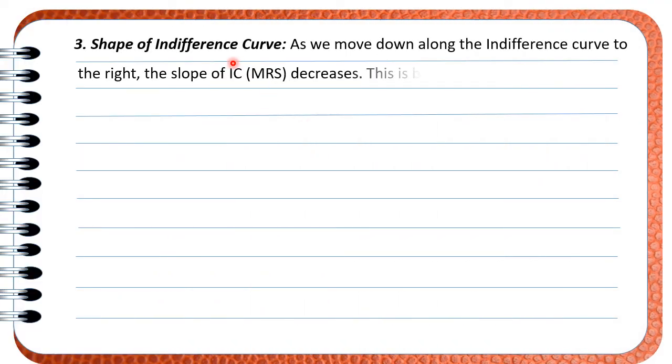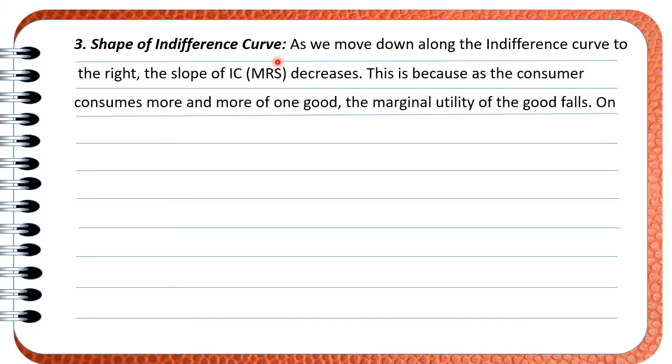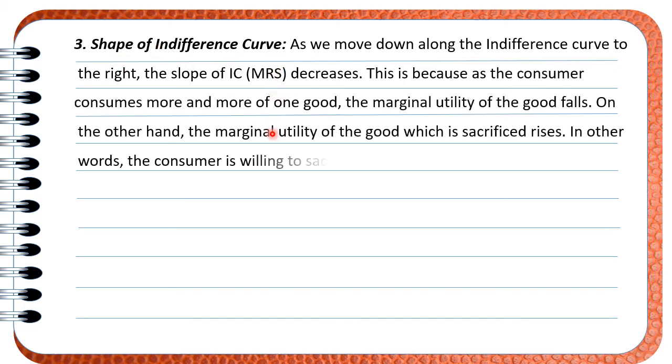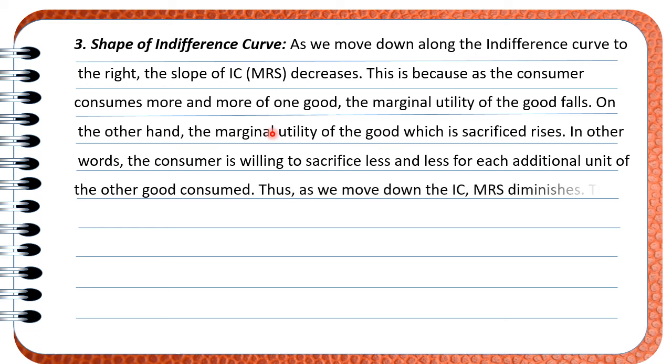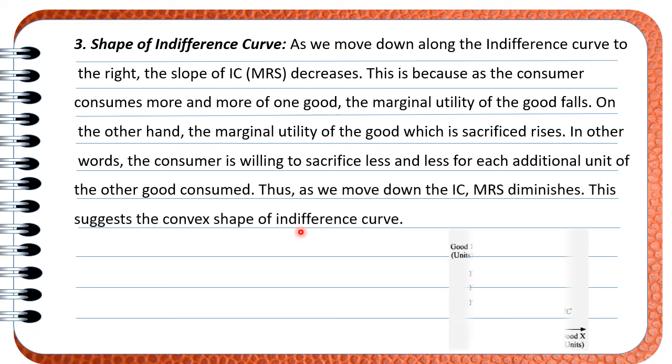Let us discuss the next property, the shape of the indifference curve. Remember one thing, the shape of the indifference curve is convex. The question is, why is it convex? Because the marginal rate of substitution is falling. As we move down along the indifference curve to the right, the slope of the indifference curve is decreasing.